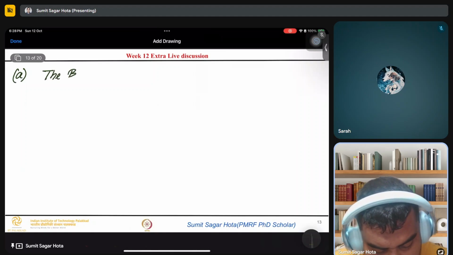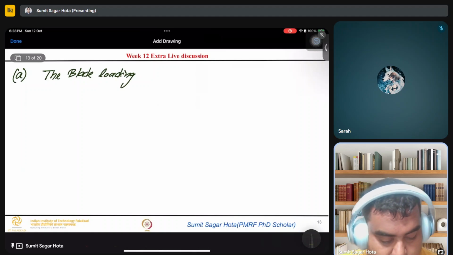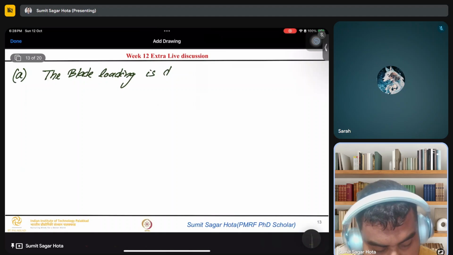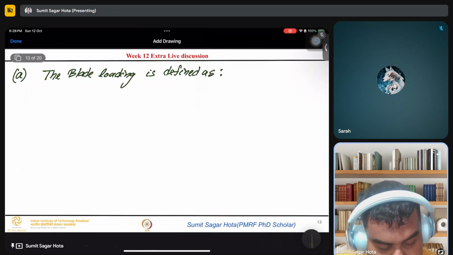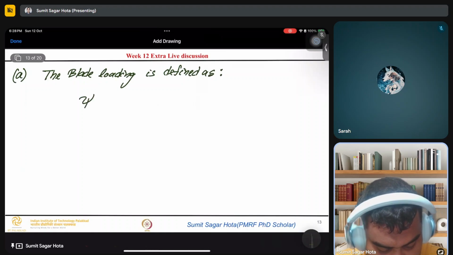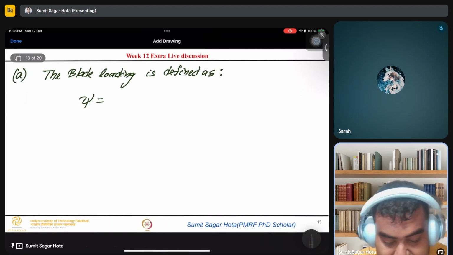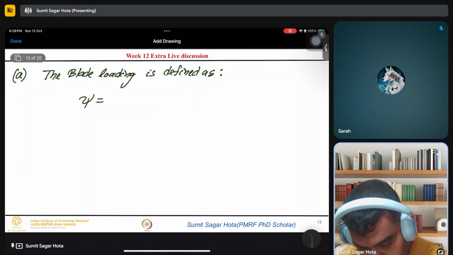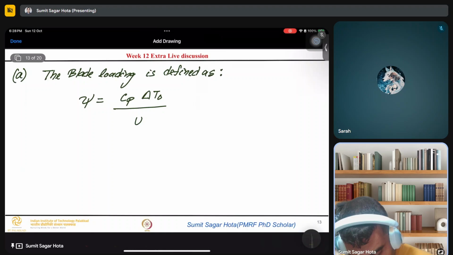The blade loading is defined as psi equal to Cp into delta T naught by U square. Okay.